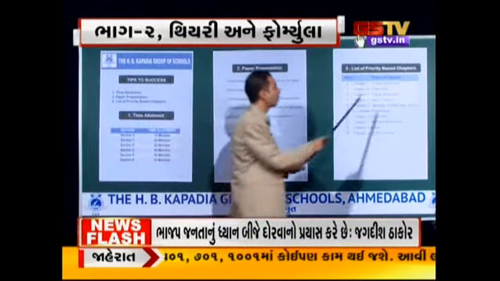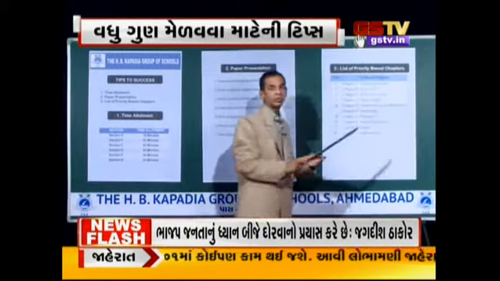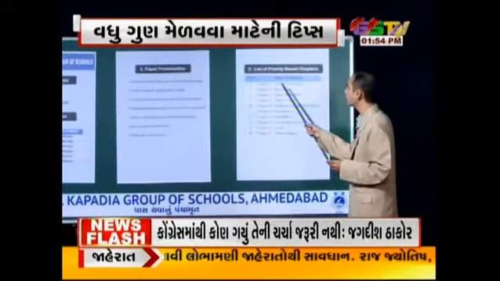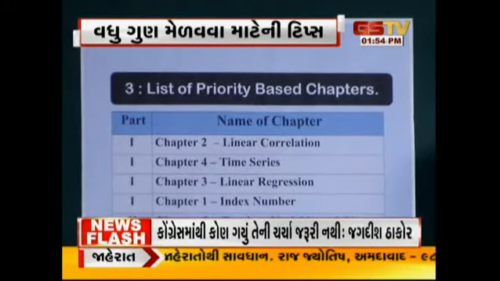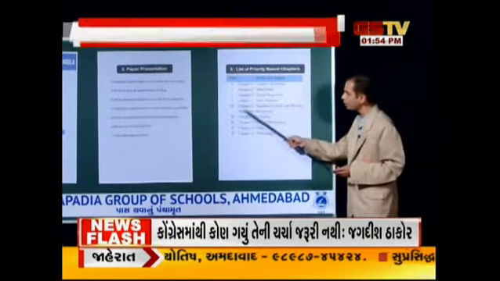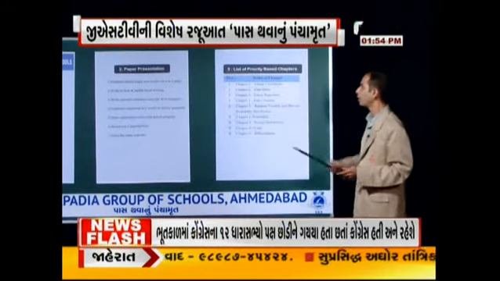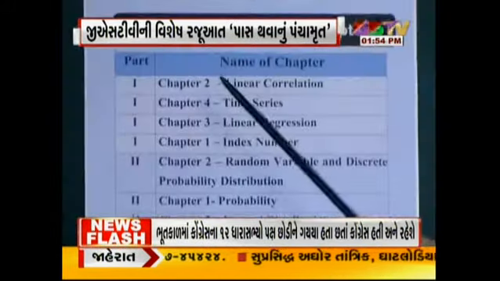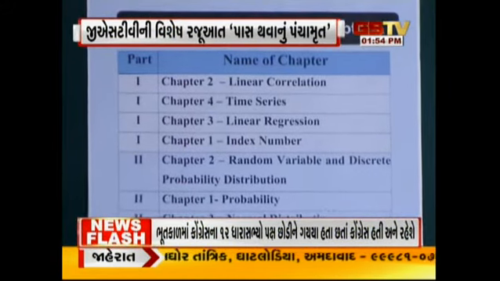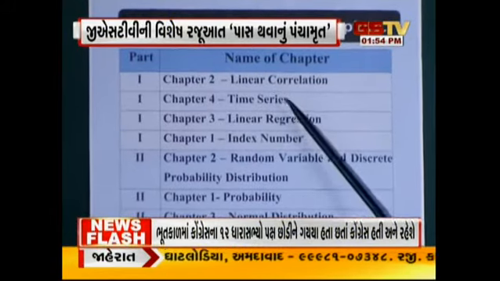Now next, priority based chapters. While making your preparation, you have to prepare the chapters in this order. First you go for part 1 and then after you go for part 2. In part 1, first you opt for the chapter on linear correlation. Then after you go for chapter 4, time series.